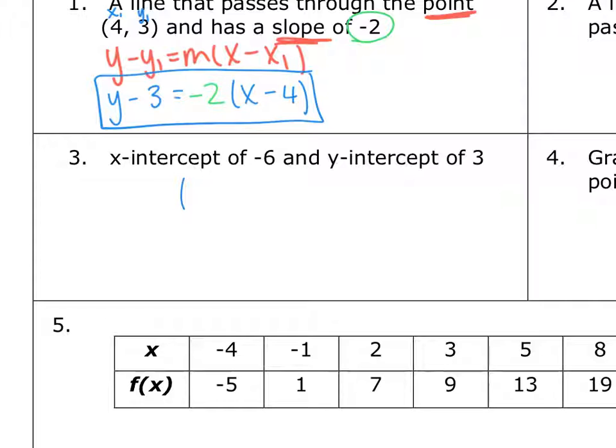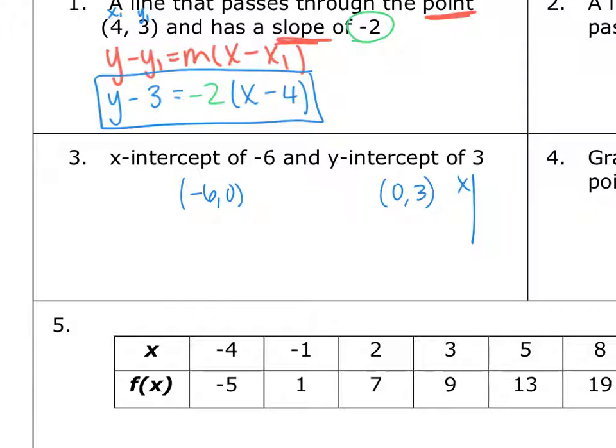Problem 3, I have an x-intercept of (-6, 0) and a y-intercept of (0, 3). I could plug that into stat edit and get my equation, so I will grab a calculator and do that with you. If you need to grab a calculator, pause now. So in stat edit, I'm going to click stat edit and put -6 and 0 in my x's, 0 and 3 in my y's.